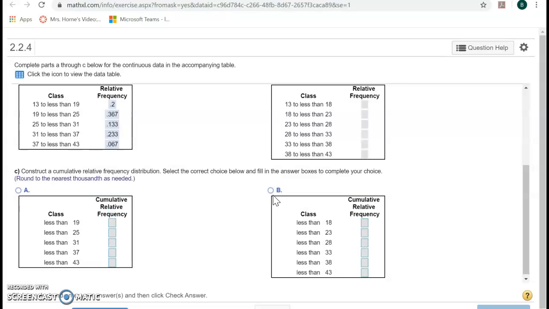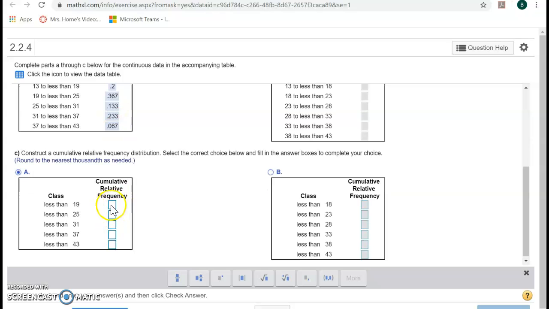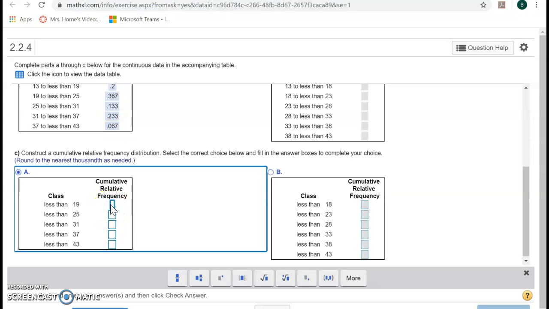Okay, now for cumulative relative frequency, all you do is keep adding. So for the first class, it's still going to be 0.2, but for the next class, it's going to be 0.2 plus 0.367.